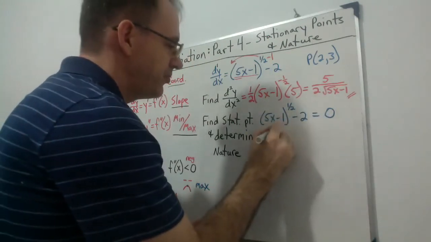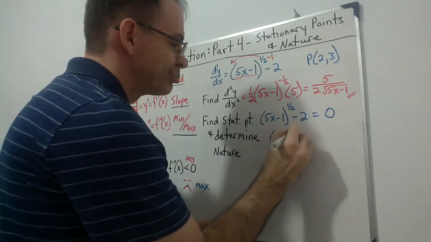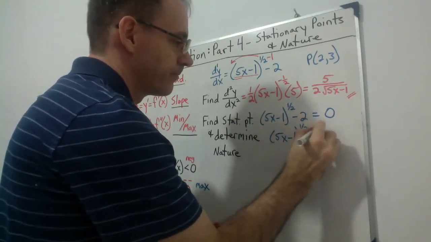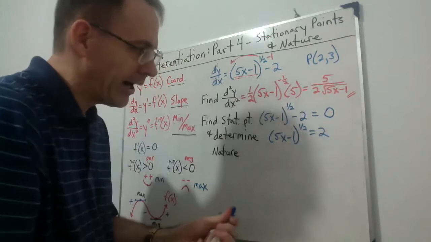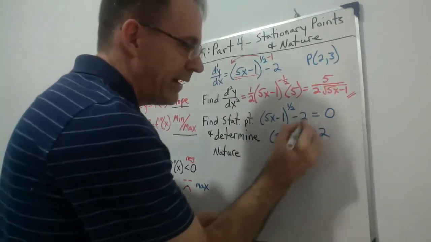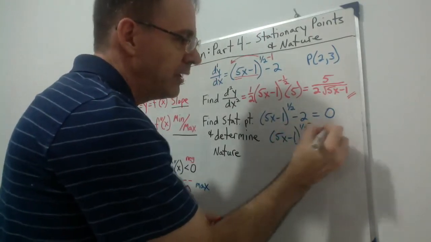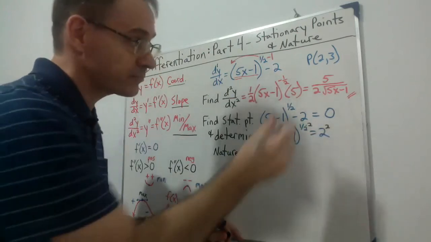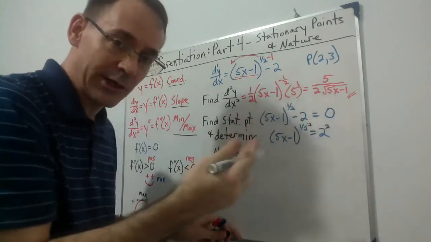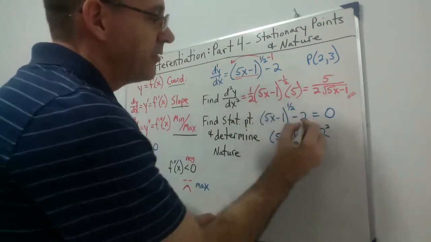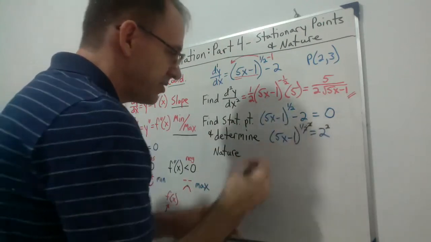So we add 2 to the other side. Now we square both sides to get rid of the 1/2. You multiply it by 2, or in other words, you're squaring it. You square a radical, a square root, to get rid of the square root. So the 2's cancel, leaving you with just 1.